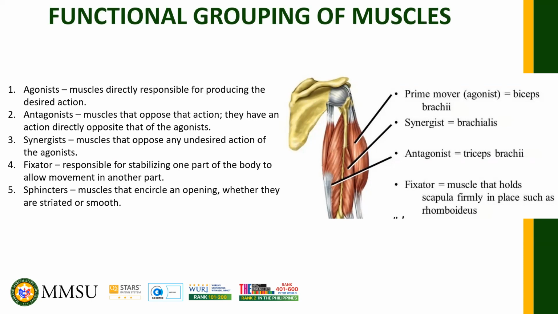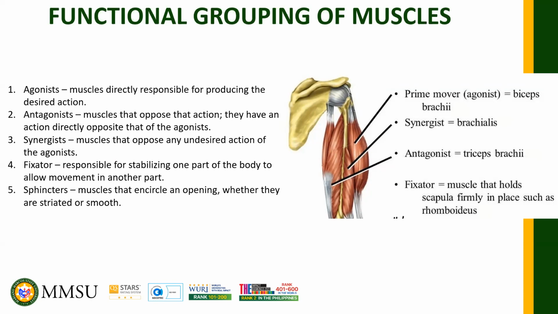So for example, the biceps brachii is the agonist muscle when flexing the forearm. Parang ganun. Okay? Then in terms of the antagonists naman, they are usually the muscles that work in opposition to the agonist muscles. So they have the opposite action and at the same time they help in controlling the speed and precision of a movement.